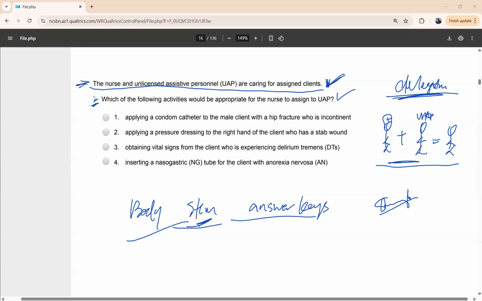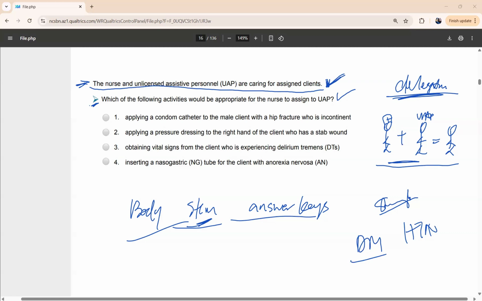But right here, we are not seeing any specific care, whether they are caring for a client who has hypertension, or diabetes, or any specific need. We are not seeing it. They are only talking about the nurse and UAP caring for assigned clients. So this is the way the NCLEX tests delegation.